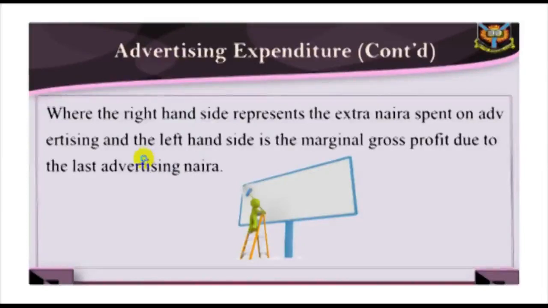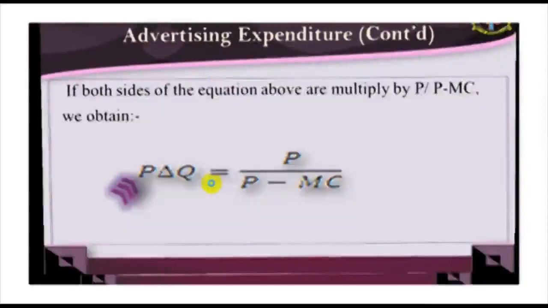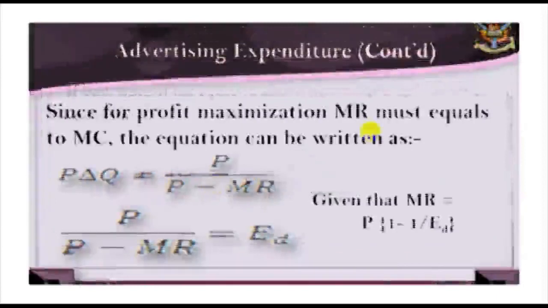If both sides of the equation above are multiplied by P, we'll obtain P multiplied by change in quantity equals P over P minus MC.